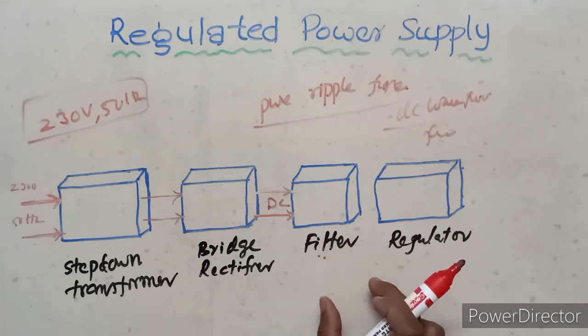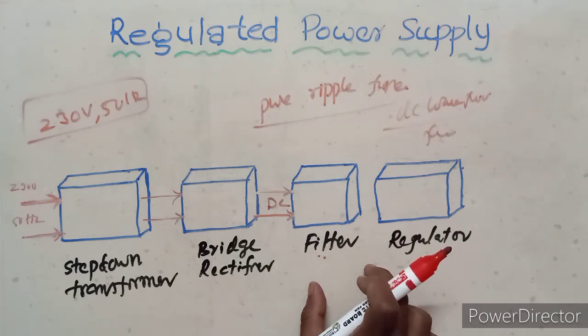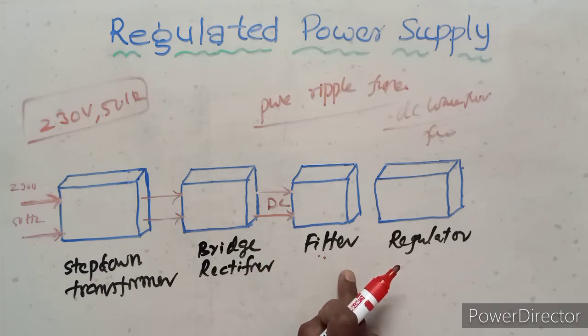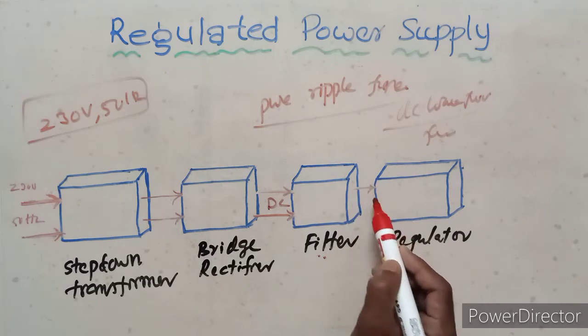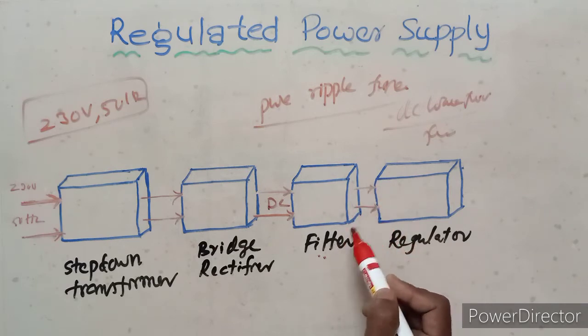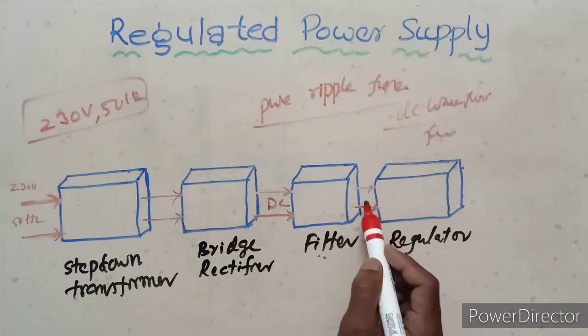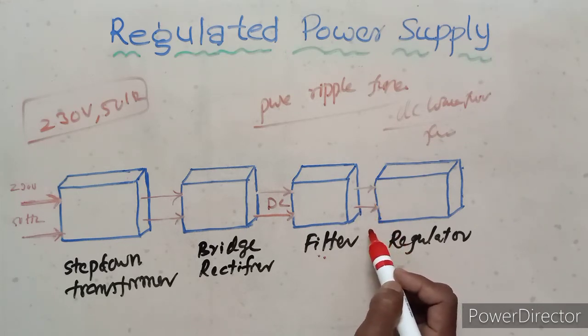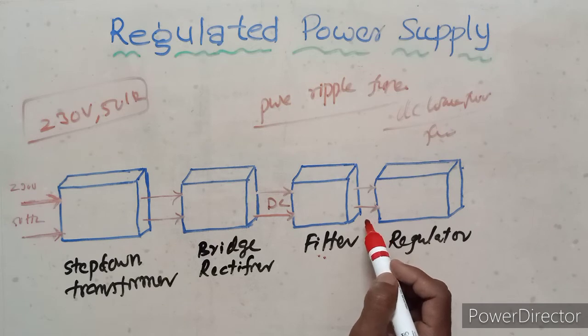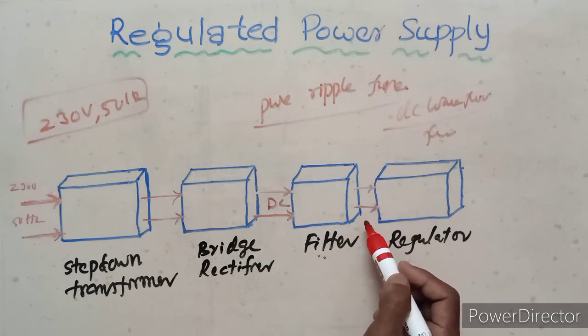The filter circuit is used after a rectifier circuit, which reduces the ripple content in the pulsating DC and tries to make it smoother. So this is also DC, but this DC is much smoother.